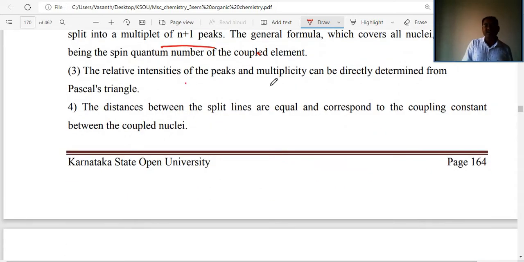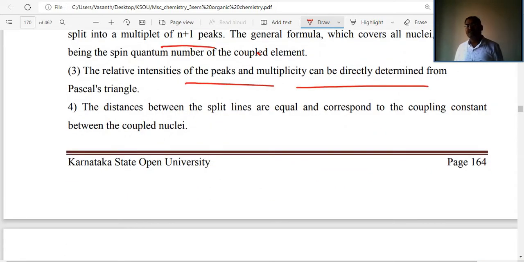The relative intensities of the peaks and the multiplicity can be directly determined from Pascal's triangle. The distance between the split lines is equal, and it corresponds to the coupling constant between the coupled nuclei.